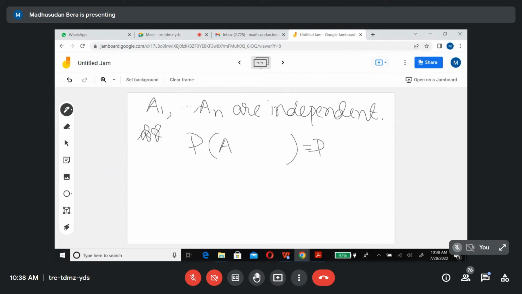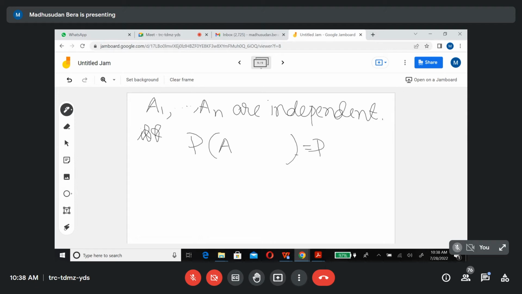Of course, that number will be 2 to m. What is the minimum intersection? Intersection of minimum 2.